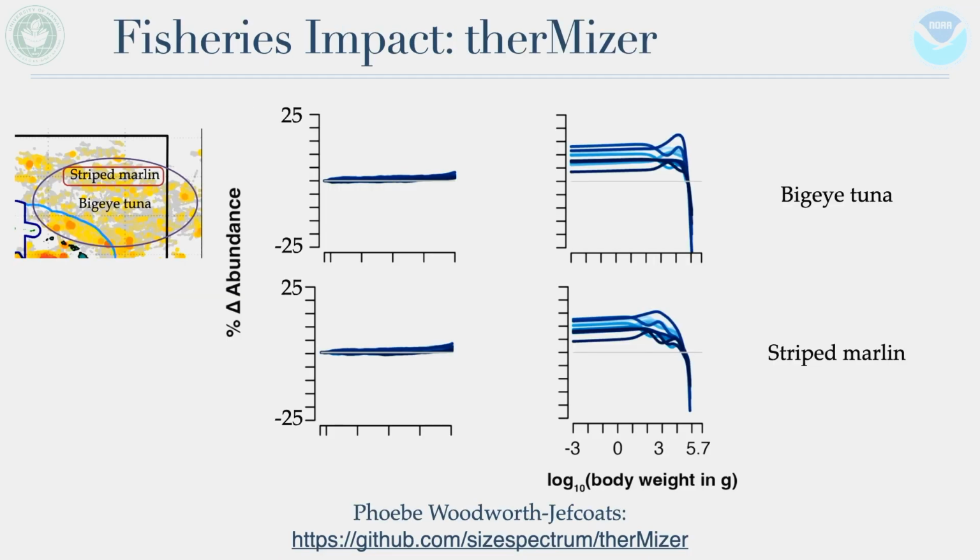Lastly, I just want to highlight some work that Phoebe Woodworth-Jeffcoats at NOAA PIFSC has done. So she took the results from the global climate model in that northeast fishery, more in the Pacific Ocean, and looked at how the change in the climate would impact the fisheries themselves. So here I showed the bigeye tuna and the striped marlin.